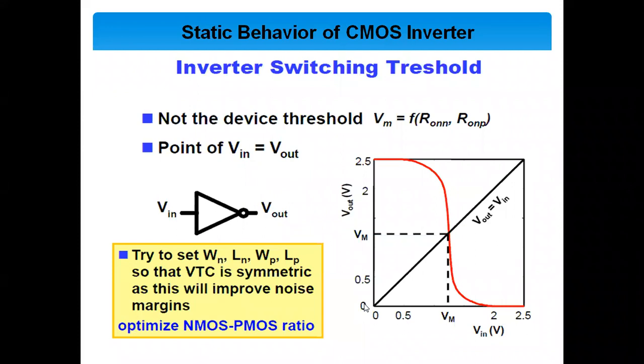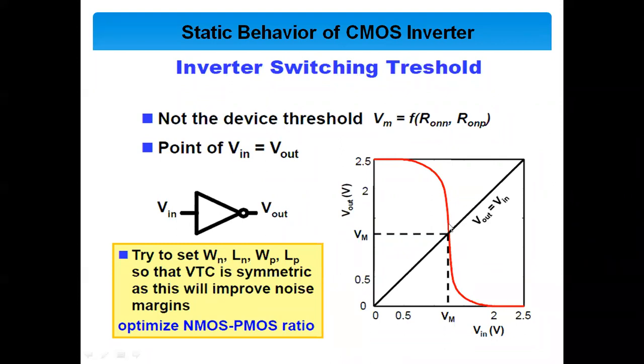Now, what is this? Basically, it's a midpoint of the threshold of this NMOS as well as PMOS, right? Where Vout is equal to Vin. If you plot a graph so that Vout is equal to Vin, the midpoint of this means there is a 50% part above that graph and 50% part below that graph.